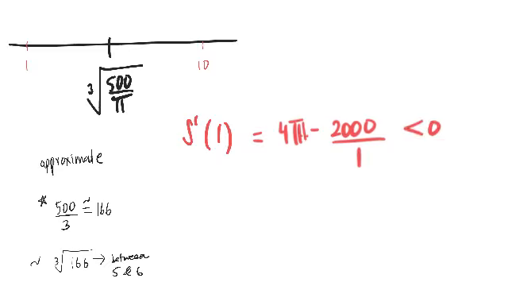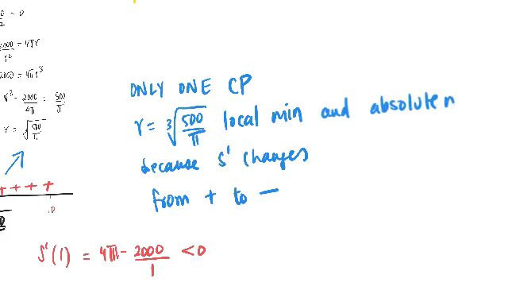And so we can be sure that this r equal to cube root of 500 over pi is definitely a local min, and it is also an absolute min, because it is the only critical point on the domain.